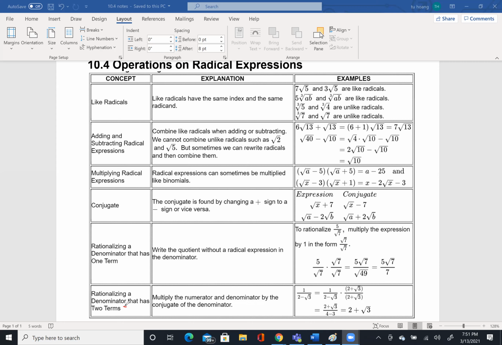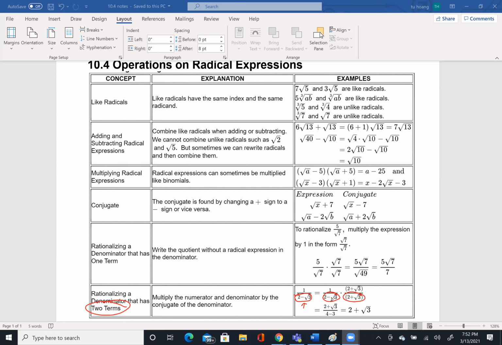Okay, so what about two terms? If we have something like 1 divided by 2 minus square root of 3, you cannot easily multiply by itself, because it will not make a square easily. So in this case, you always think about the conjugate. You multiply with the conjugate at the bottom, right?